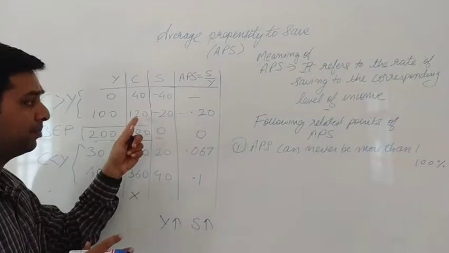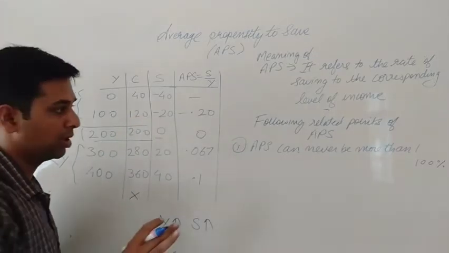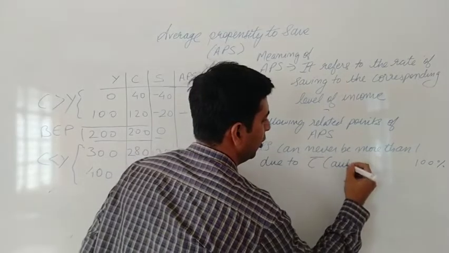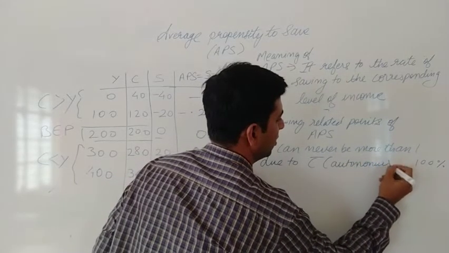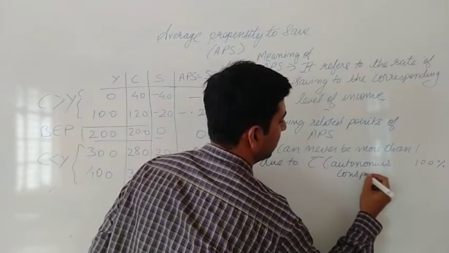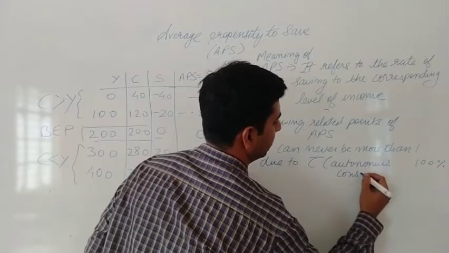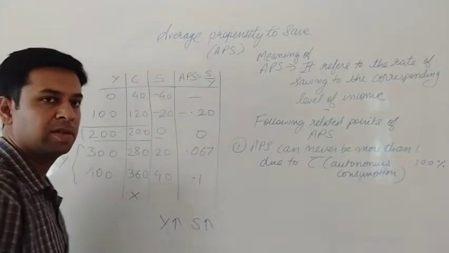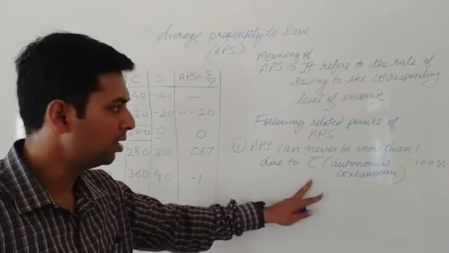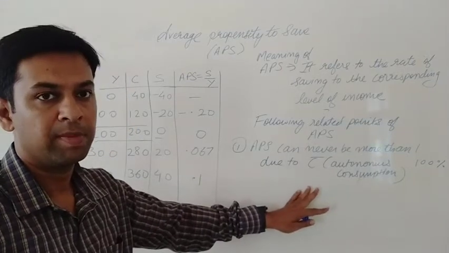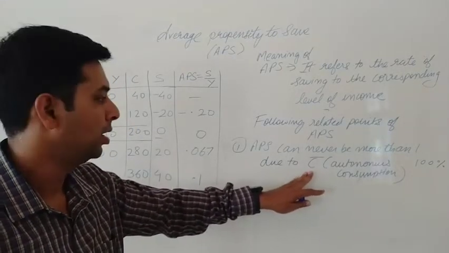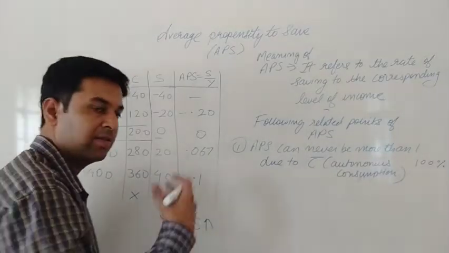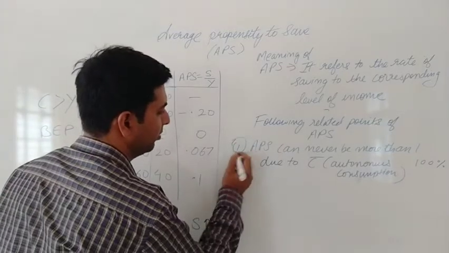That's why it cannot be more than 1. So you can write: due to autonomous consumption, denoted by C bar. As long as autonomous consumption is running in the economy, APS cannot be more than 1; you cannot save 100%, it is not possible because of this value.